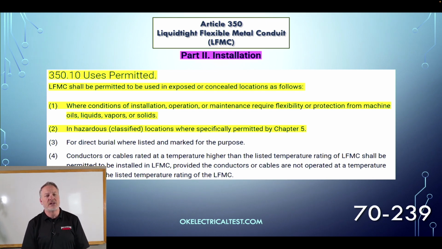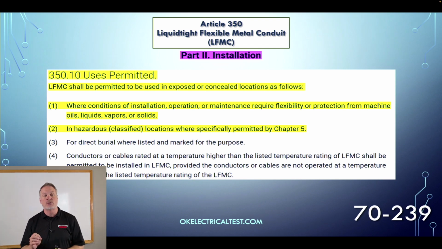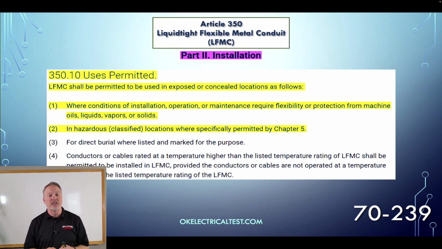350.10, uses permitted. LFMC, liquidtight flexible metal conduit, shall be permitted to be used in exposed or concealed locations as follows. Number one, where conditions of installation, operation, or maintenance require flexibility or protection from machine oils, liquids, vapors, or solids. And then number two, in hazardous classified locations where specifically permitted by Chapter 5.